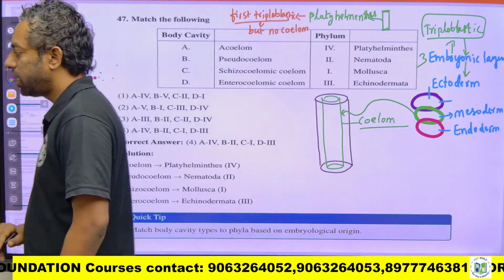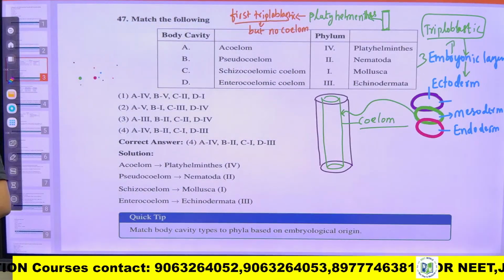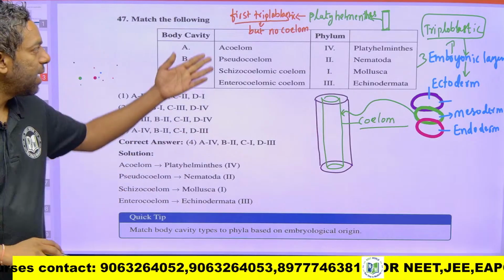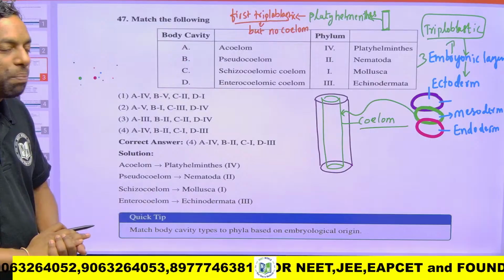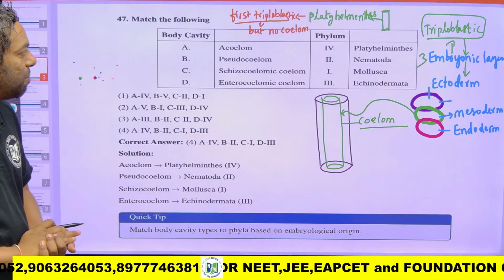There is no coelom in the Platyhelminthes. Okay. Platyhelminthes are triploblastic, but no coelom is produced initially in them.